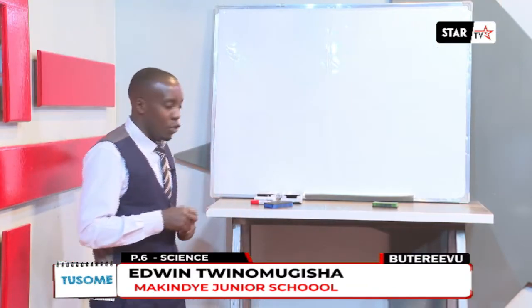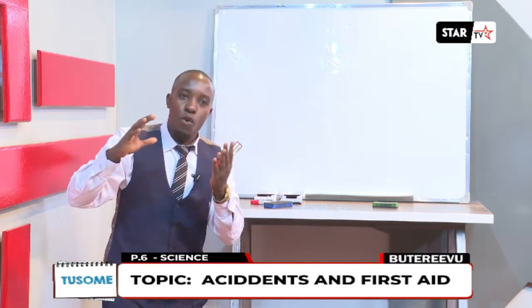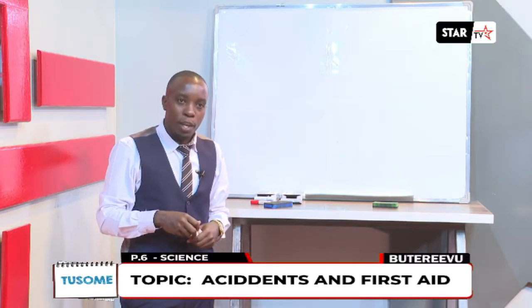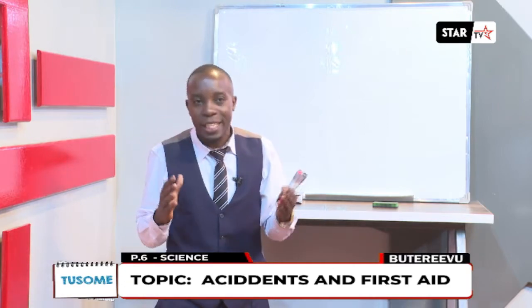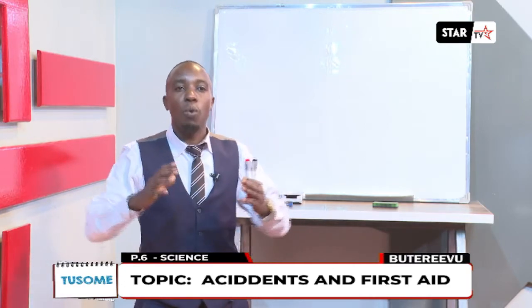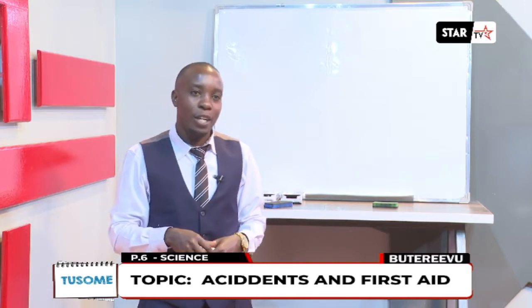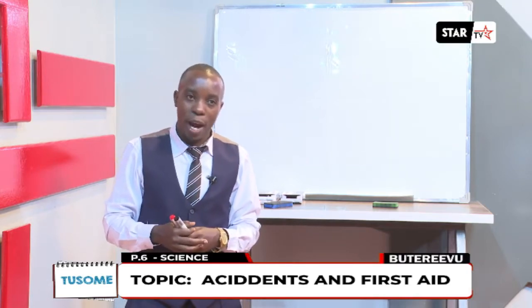In our last lesson, we discussed reasons why we must give first aid to people. And indeed, we said that someone who is involved in an accident, someone who has gotten any form of accident, is referred to as a victim, a casualty, right?